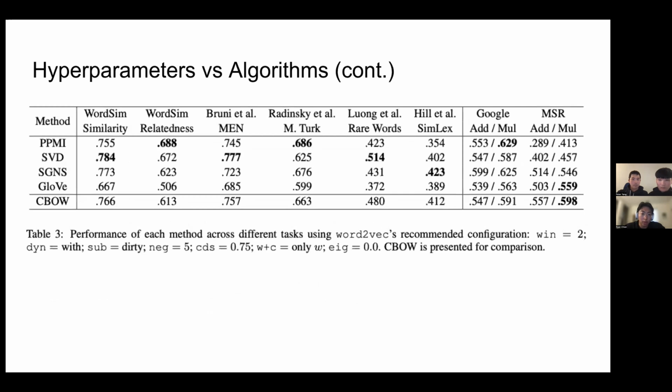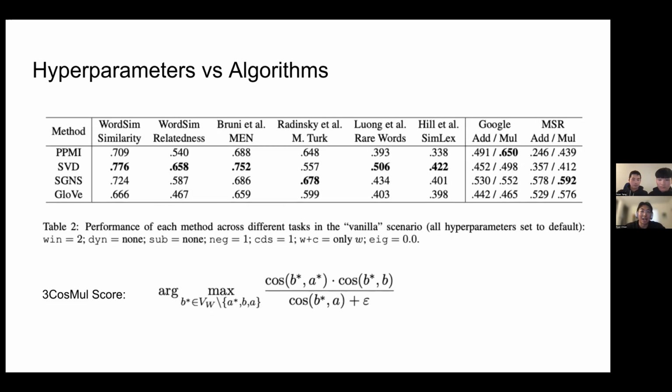And for the analogy score, we're showing the 3CosMul score, which is one of the analogy tasks that I mentioned previously in the experimental setup. As you can see, it's a combination of different cosine similarities between the words in the analogy.